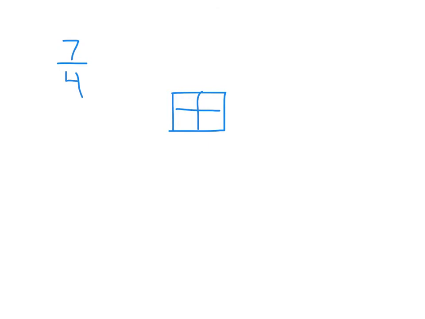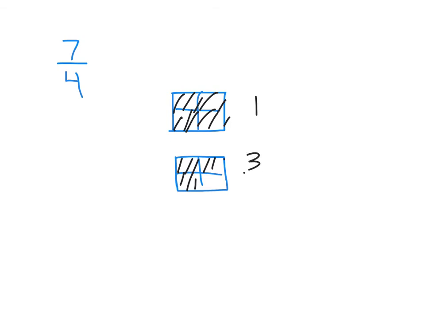Since you can't with just one box, you have to draw a second box, split into 4 pieces. And now we're going to shade in 7 pieces. 1, 2, 3, 4, 5, 6, 7. So what we have now is one whole and 3/4. So 7/4 is 1 3/4.